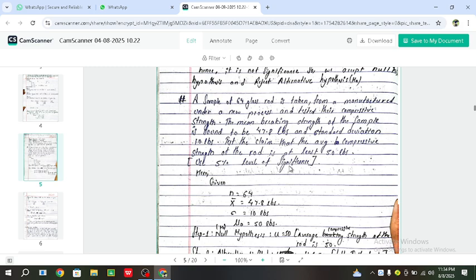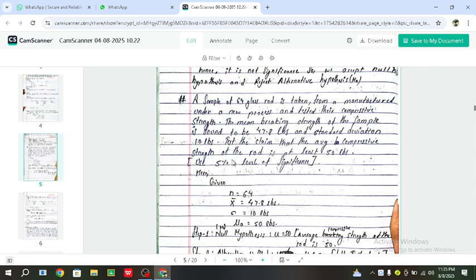As I already told you in the first numerical of Z transform, if the question does not give the level of significance, then always assume the level of significance is 5%.